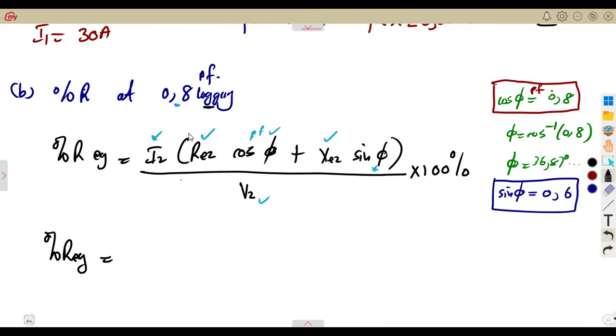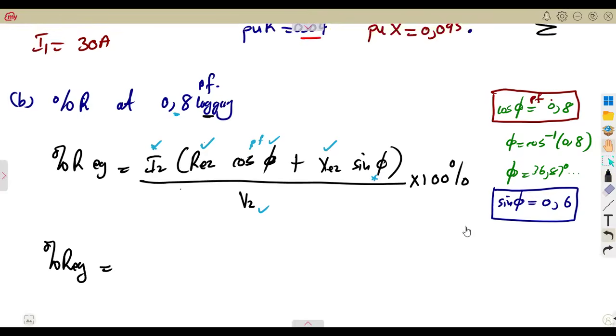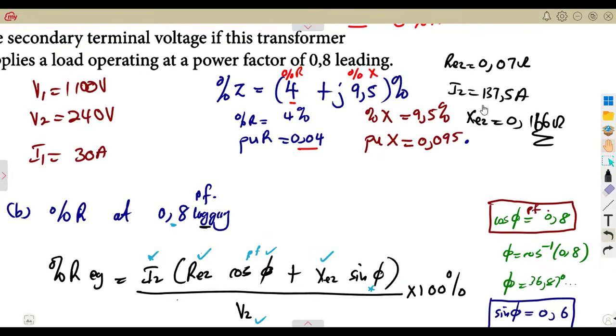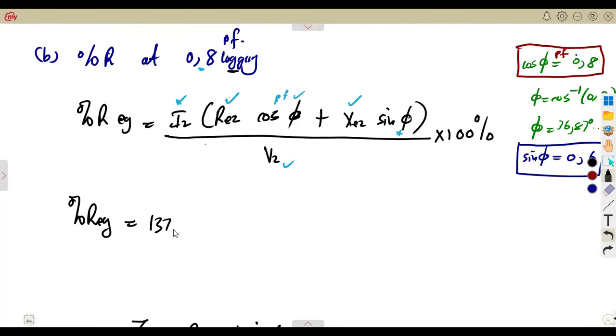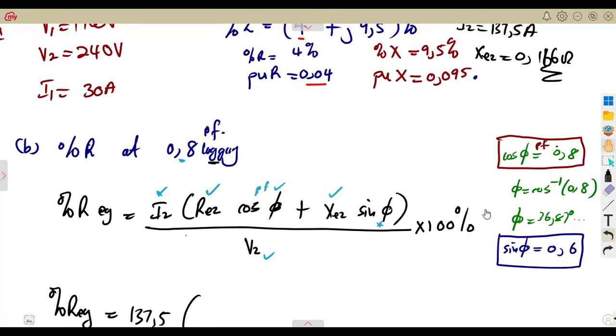So for our percentage regulation, I2 we calculated was 137.5, so you're going to have 137.5 times RE2.